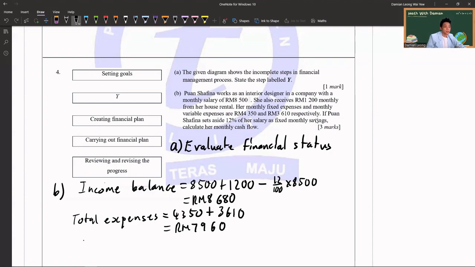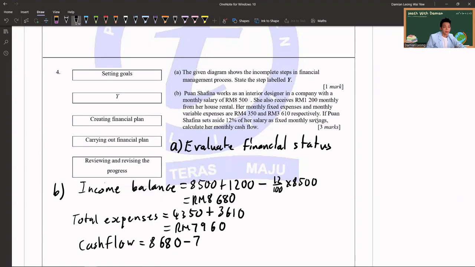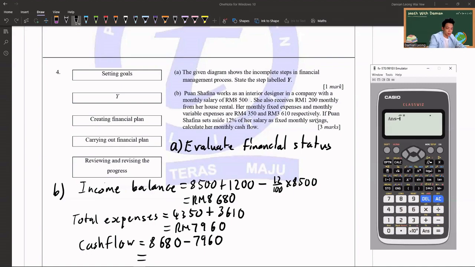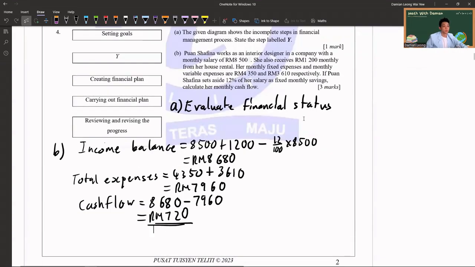So that means her cash flow would be the income balance, sorry, 8,680, minus 7,960, the total expense, which we get 720 ringgit. That's her monthly cash flow. Positive 720.